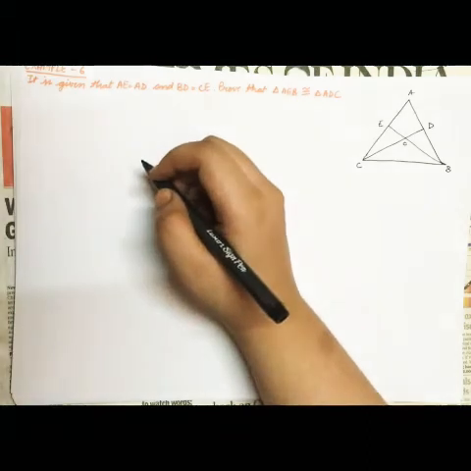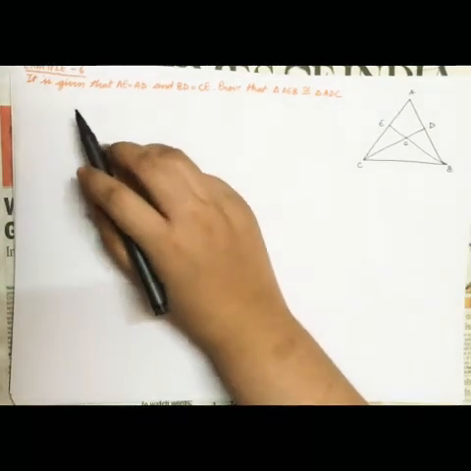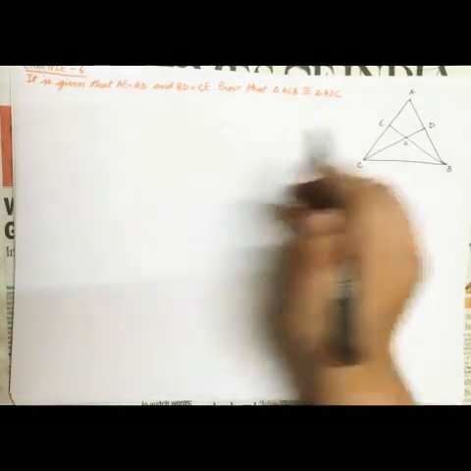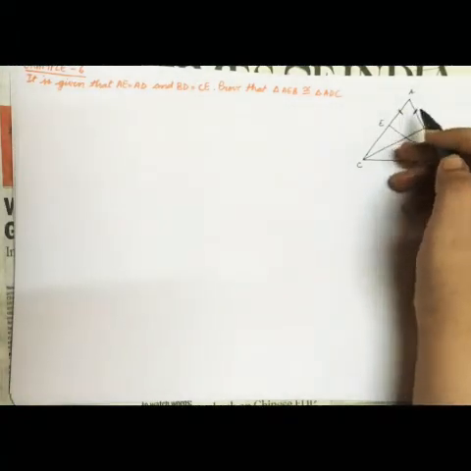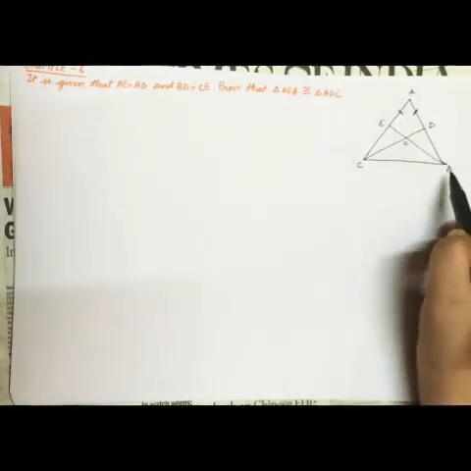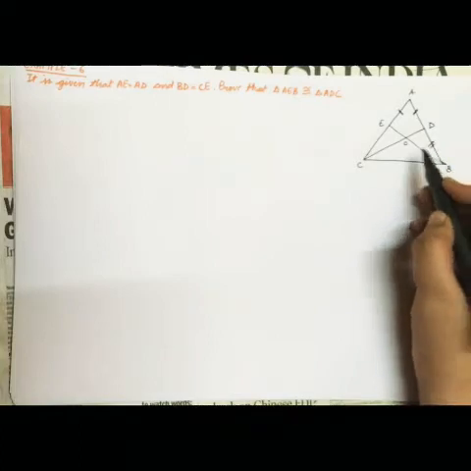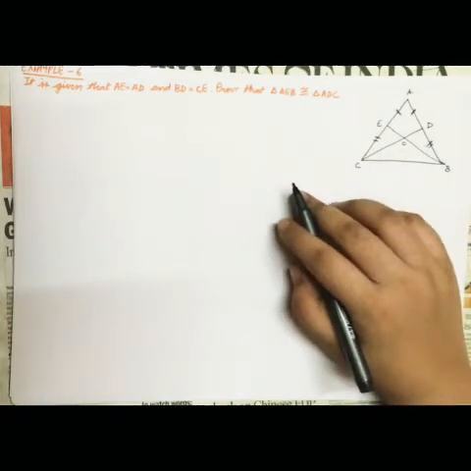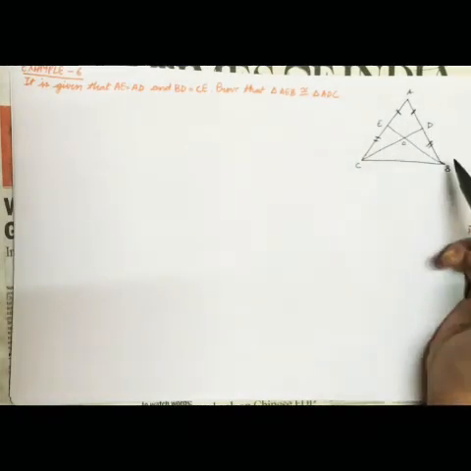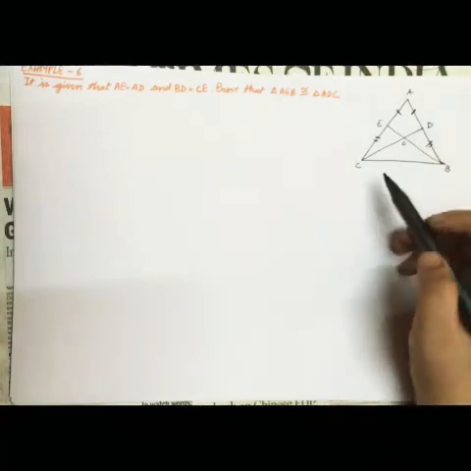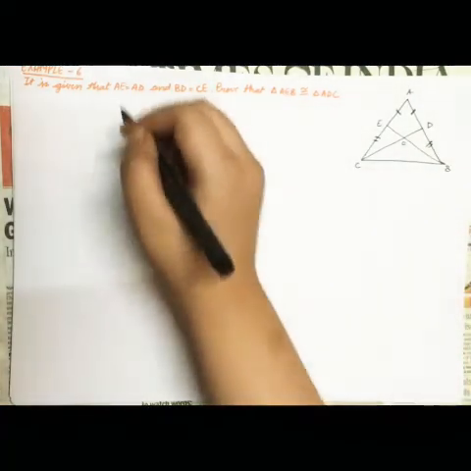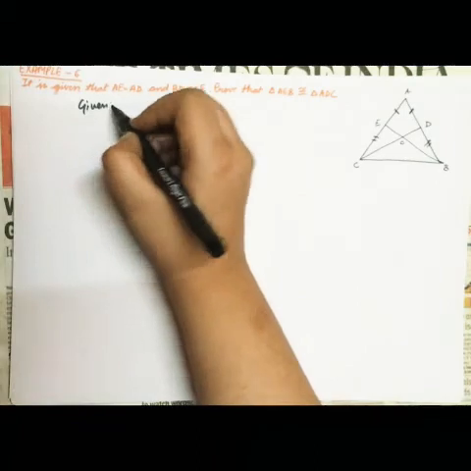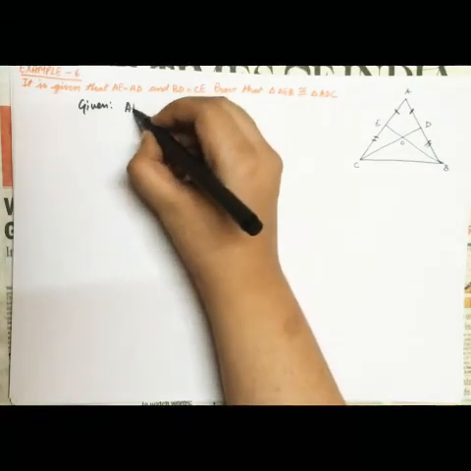Next, example number 6. It says that it is given that AE is equal to AD and BD is equal to CE. We have to show that AEB is equal to ADC.